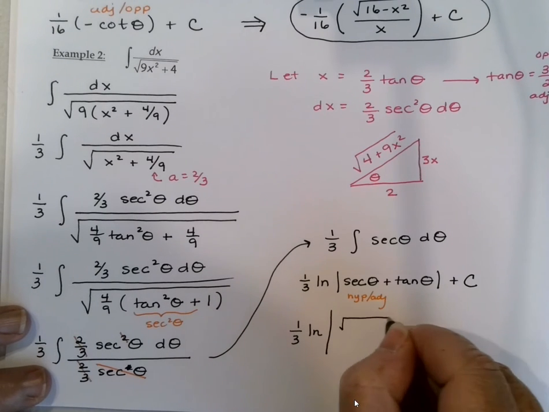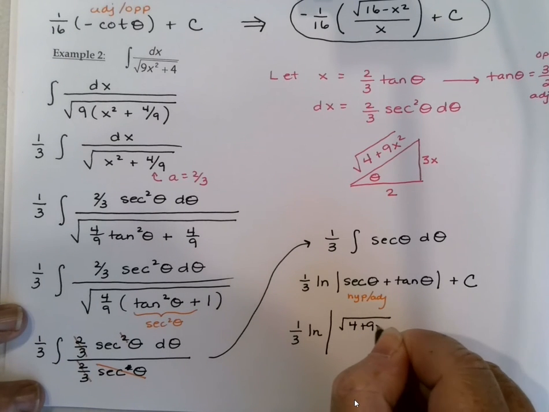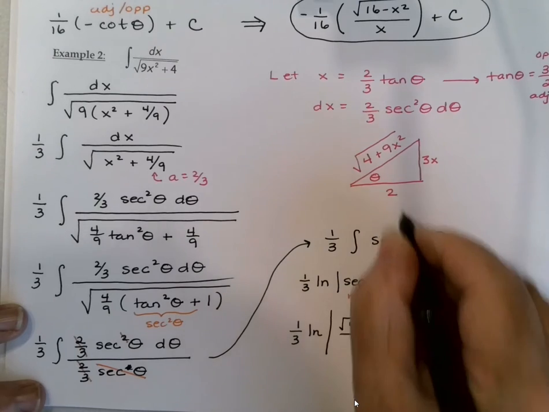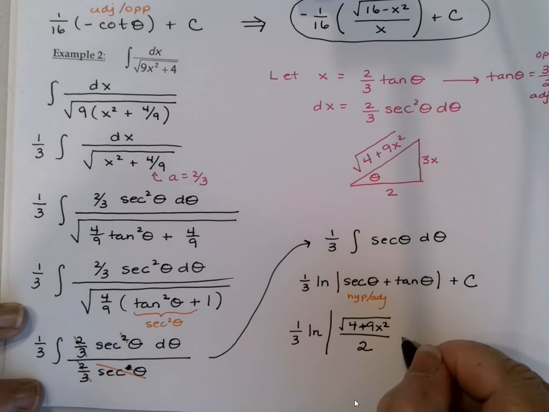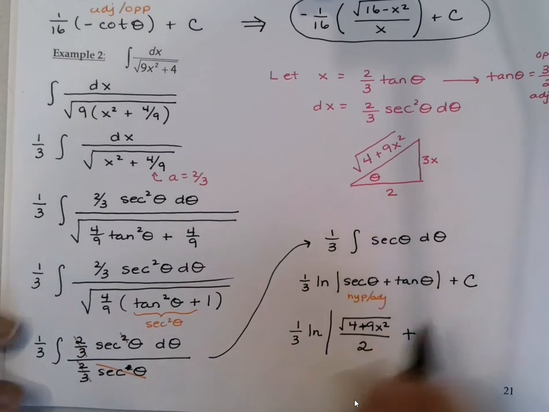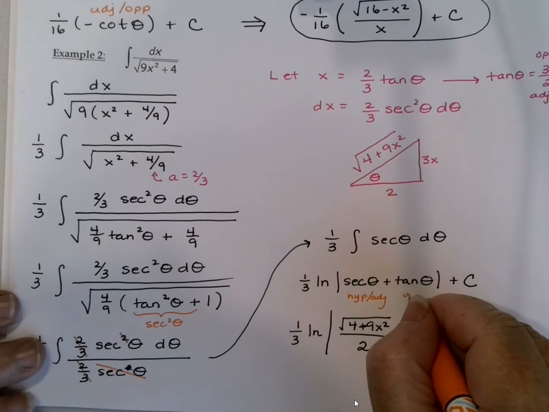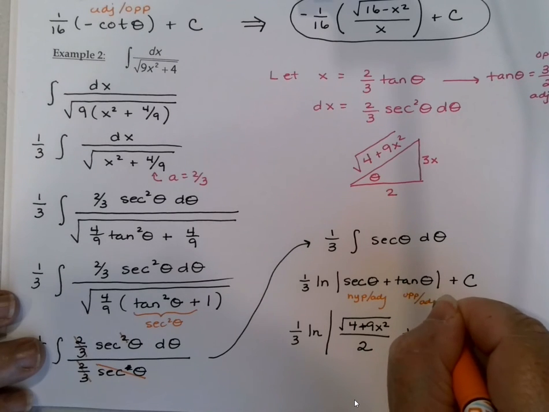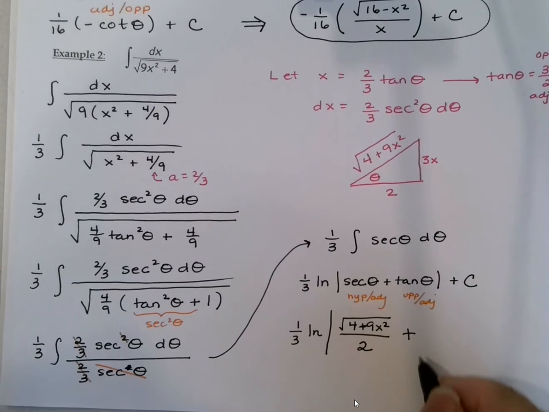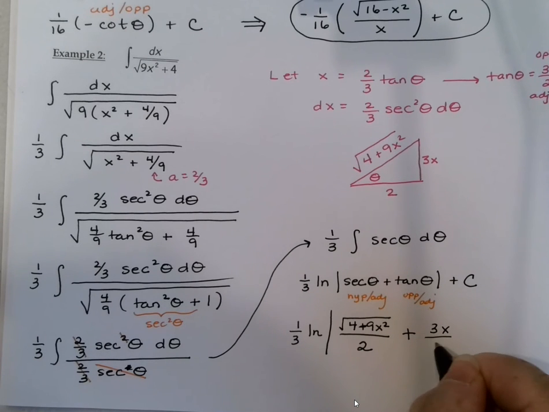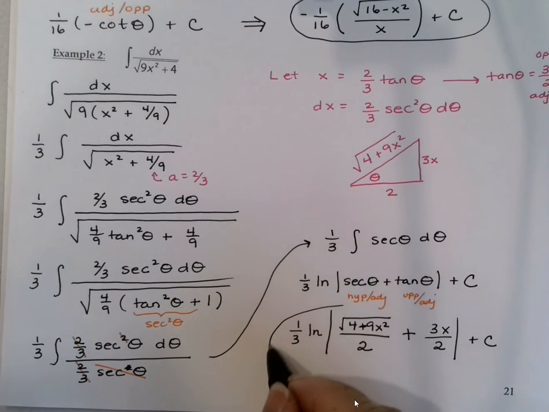Hypotenuse, square root of 4 plus 9x squared over adjacent 2. Plus tangent theta, opposite over adjacent, 3x over 2. And then my plus c.